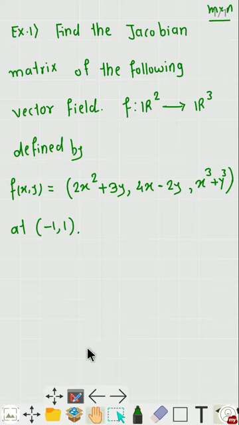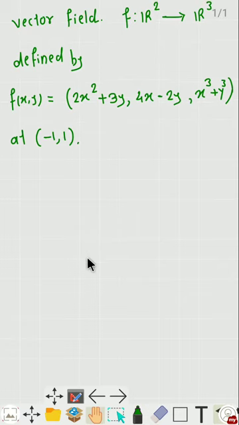So this is our vector valued function, and we find the Jacobian of this vector valued function at the point -1 comma 1. Let us write the answer.